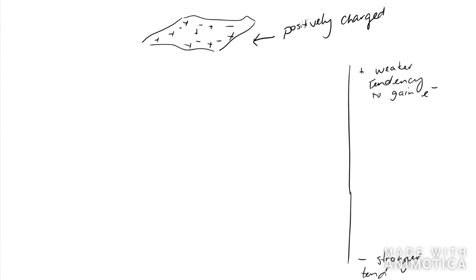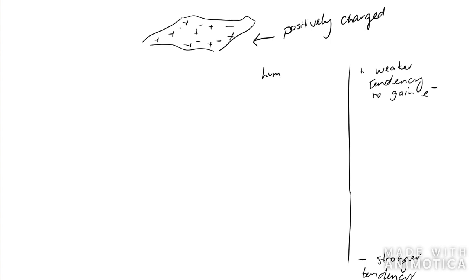So remember, it's minus because if it gains electrons, it's going to be negatively charged. And again, this is all going to be in relation to each other. Just because it's on this end doesn't mean it can't gain electrons. It just means that it's less likely to.